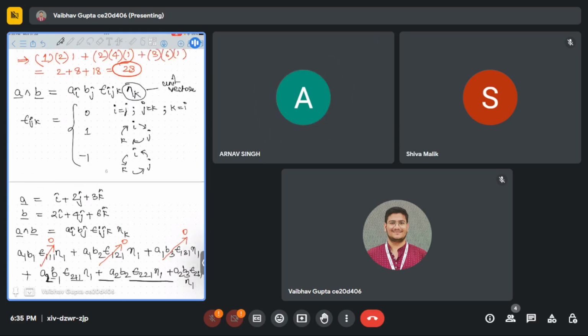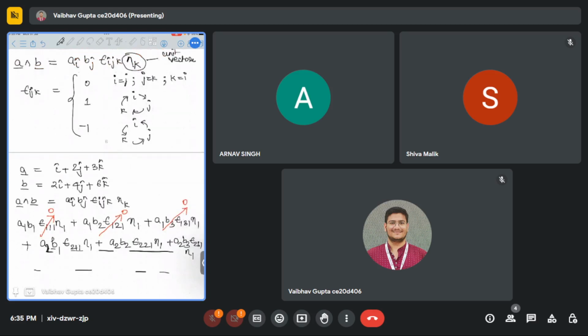So in this above equation, I'll say epsilon ijk will be equal to 0 when i is equal to j, or j is equal to k, or k is equal to i. Now in this first expression, it's epsilon 111. Here i is equal to 1, j is equal to 1, k is equal to 1. So i is equal to j and j is also equal to k.